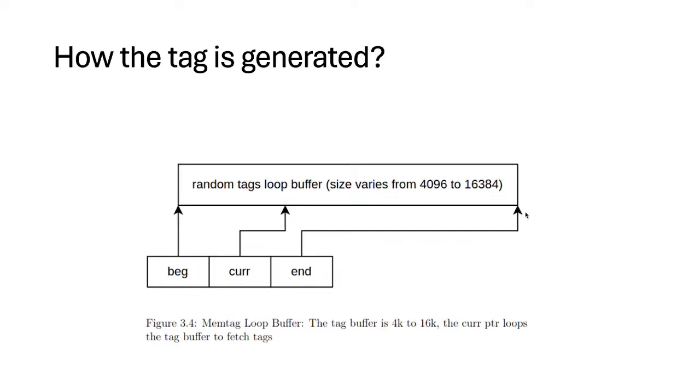Now, your current pointer will move. If it reaches the end, it's just like an IO buffer, it will rewind, which is basically a loop buffer. It will keep extracting tags. Each time you run a program, the size and the content of the buffer will also be different, which is a randomized buffer.